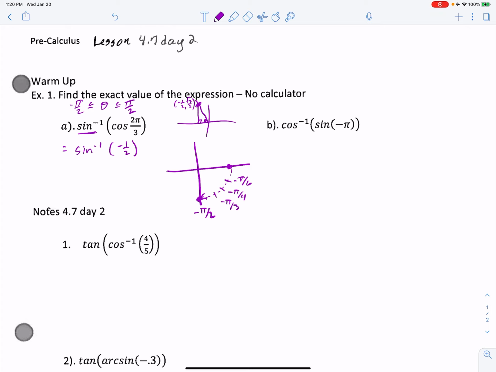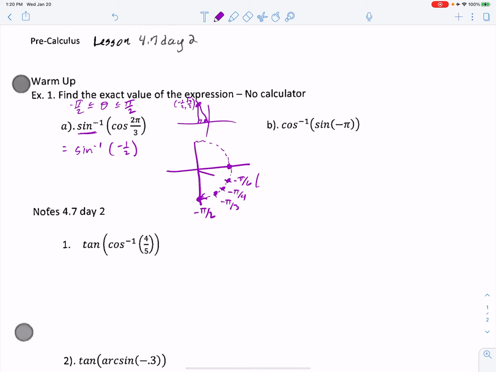And I'm focusing in quadrant 4 because the other quadrant would be at quadrant 1, negative pi halves to pi halves. Well, sine's positive in quadrant 1, so it must be one of these quadrant 4 angles. And so it's which one of these on the unit circle has a y-coordinate of -1/2. And it would be the negative pi 6.